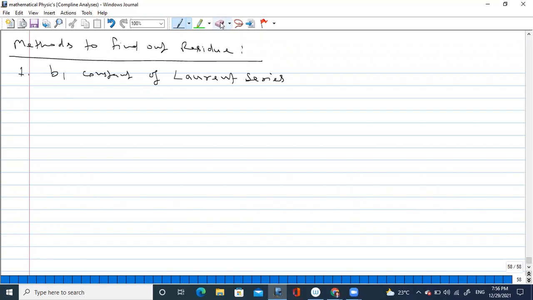Or you can write, in Lorentz series na, the B1 constant will give you the residue. That is one method. Number second method, for nth order pole. If you find a pole of nth order, then you can find the residue by one formula.